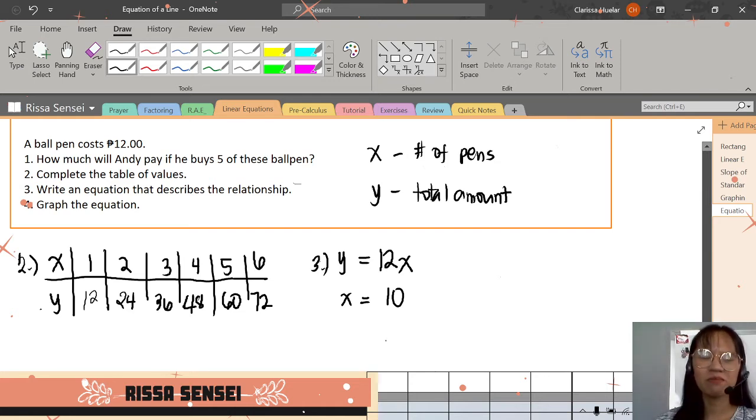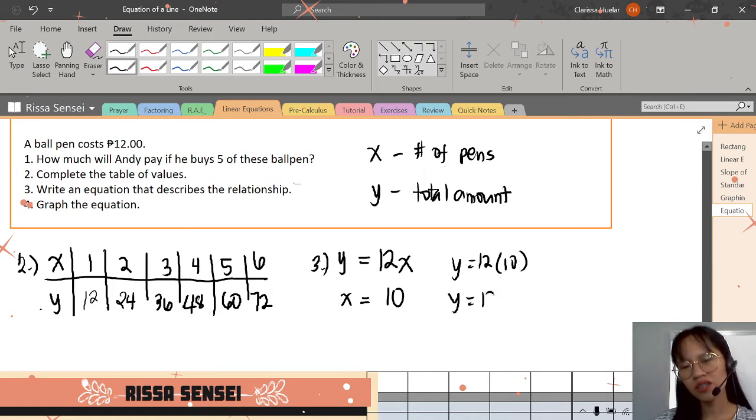So, 10 ballpen. Tapos, input lang natin sa ating equation. We have y equals 12x, so that's y equals 12 times 10. So, y is equal to 120. So, ibig sabihin, ang 10 ballpen ay ikakahalagang 120 pesos. So, tama yung ating equation.